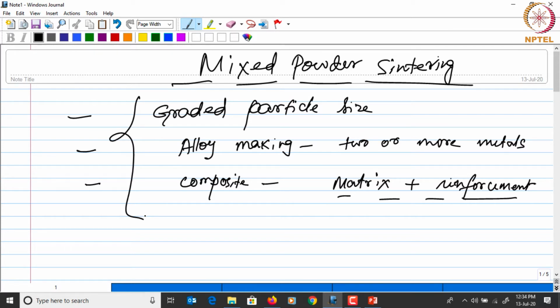So if you talk about the first one, that is a mix of different particle sizes, here it often results in a higher grain density, in the sense you have smaller particles to fill the voids between the bigger particles and give rise to a higher grain density, and that in turn will give rise to a high sintered density, right?